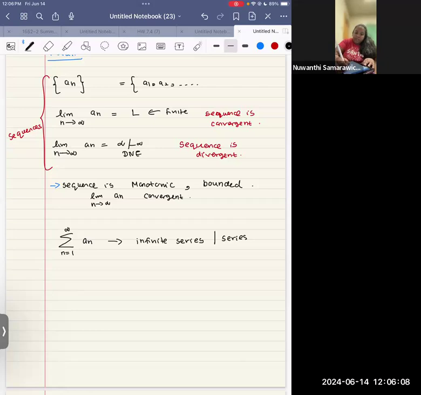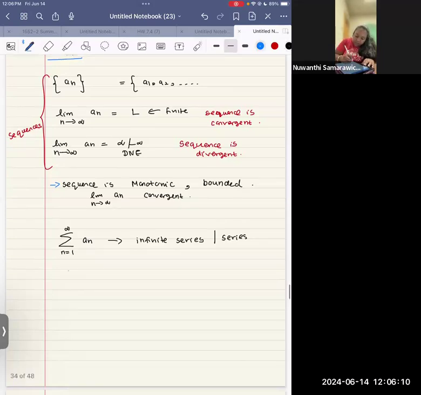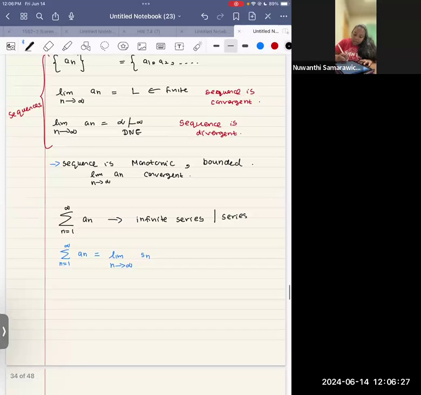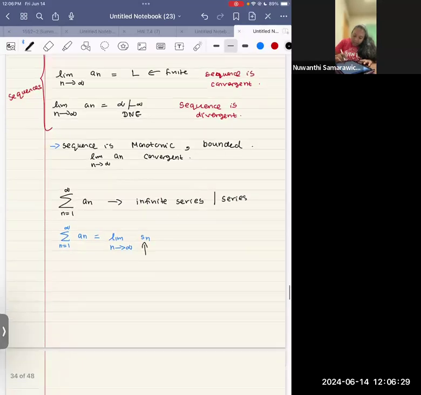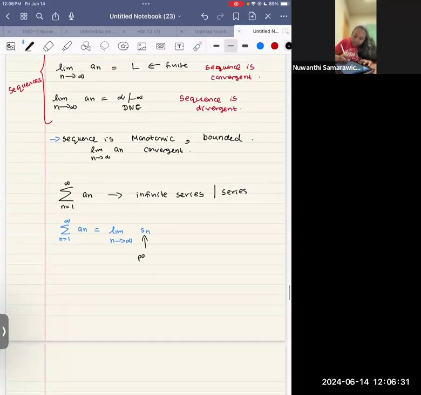In the series, we can also write this as the limit as n approaches infinity of s sub n. What is s sub n? This is called the partial sum.